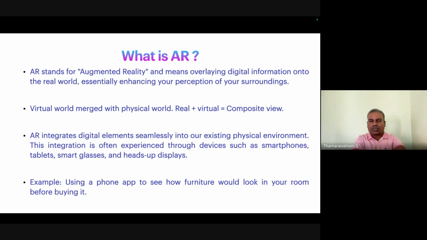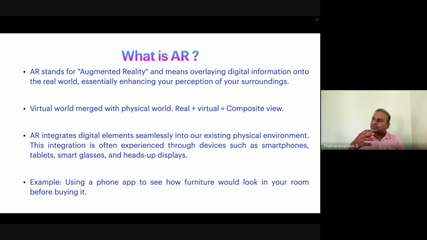So in short, augmented reality integrates digital elements into our existing physical environment. This is often experienced through devices such as smartphones, tablets, smart glasses, and heads-up displays. Using a phone app to see how furniture would look in your room before buying it is an excellent example of augmented reality.